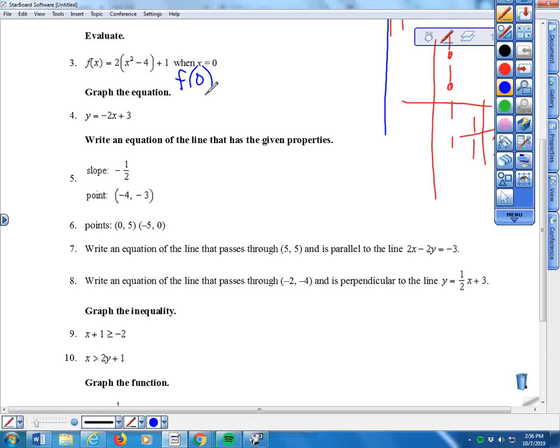It's the same as y; it's just notation that tells you what to plug in for x. This is not f times 0, it's function notation. So I plug in 0: 2 times 0 minus 4 plus 1. That's 2 times negative 4 plus 1, which is negative 8 plus 1, negative 7.